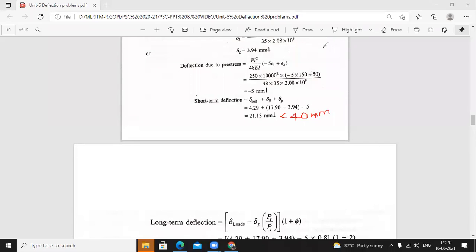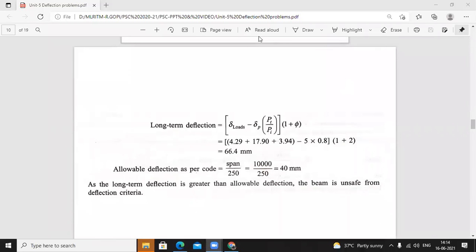Permissible deflection as per code is 40 mm. Now you can see long-term deflection. It is greater than 40 mm, not less than 40 mm. Is it safe or not? Not safe. Both short-term deflection and long-term deflection should be less than 40 mm.